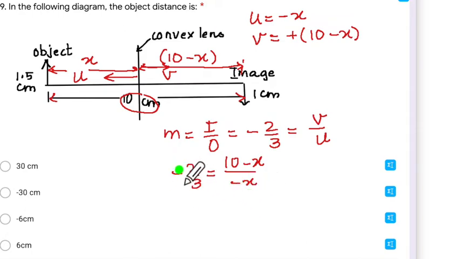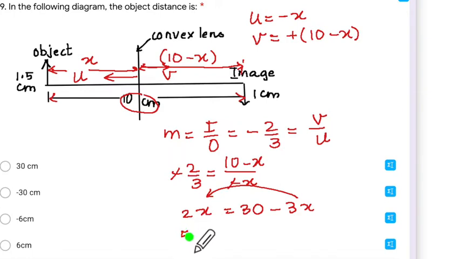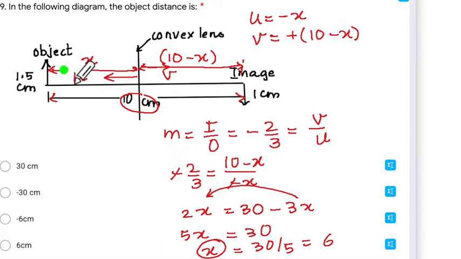Okay, so this minus and this minus will cancel out, so we will have 2x will be equal to, when we cross multiply, 3 will multiply here and it will say 30 minus 3x. So we will have 3x coming this side, so we will have 5x equal to 30 and x will be equal to 30 upon 5. How much is that? 6. Now this is the value of x, but we have to see that it is this side, so this x is going to be negative, so it will be minus 6.